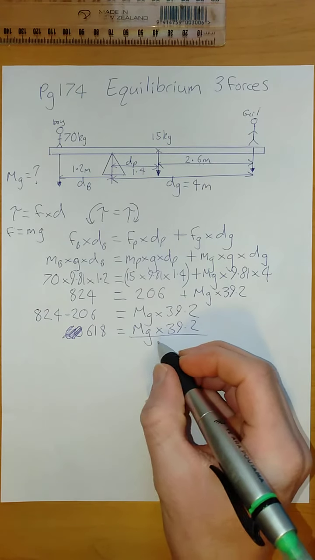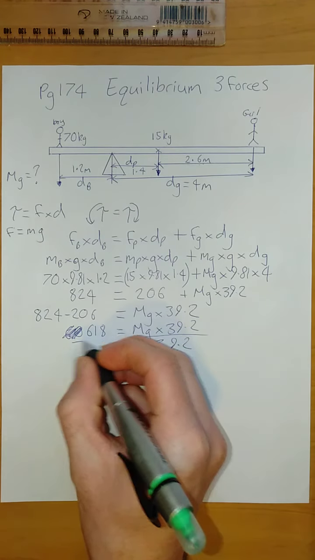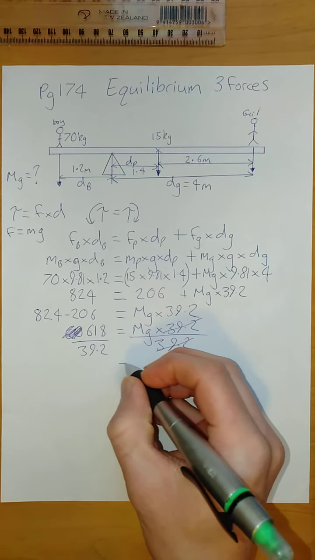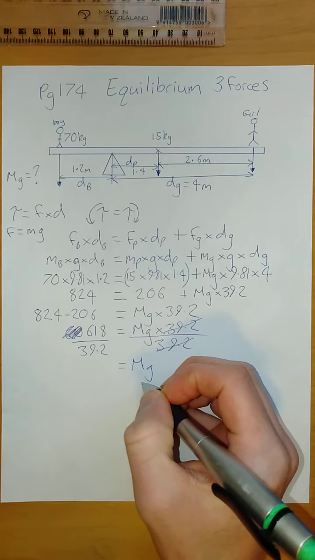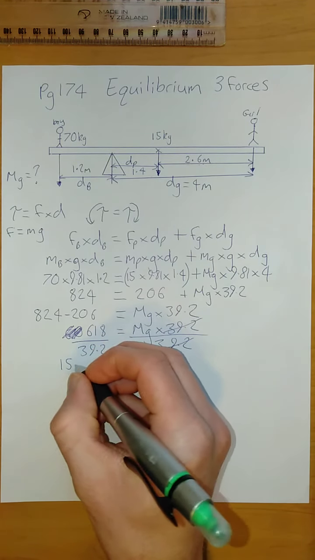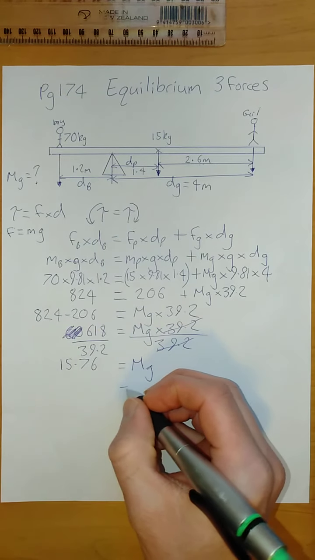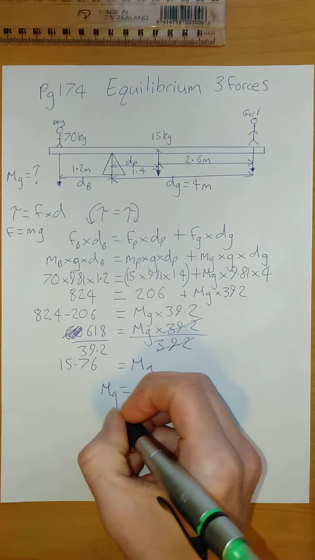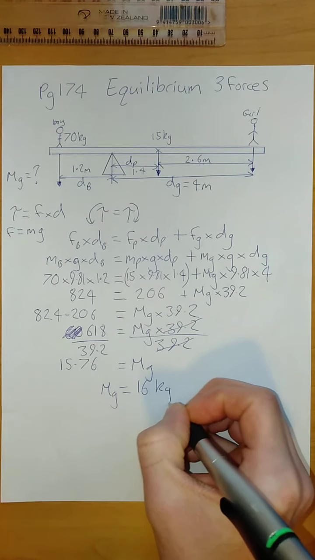We need to divide both sides by 39.2. On this side we get to cancel them, so that makes mg, the mass of the girl, the subject, and it works out that the mass of the girl is 15.76, which for our accuracy will round to the mass of the girl is 16 kilograms.